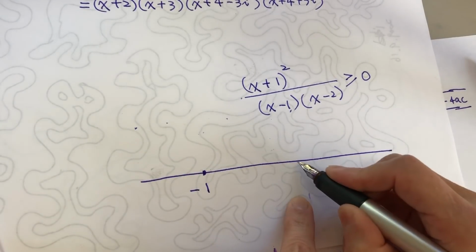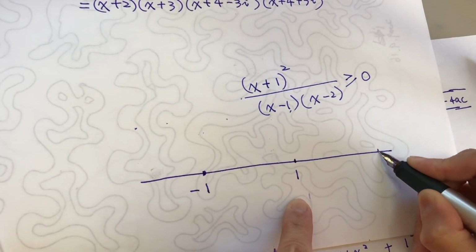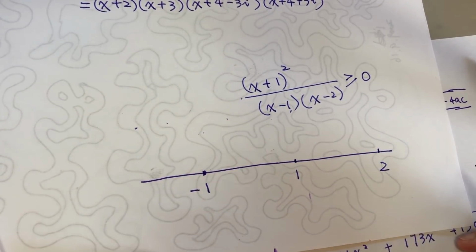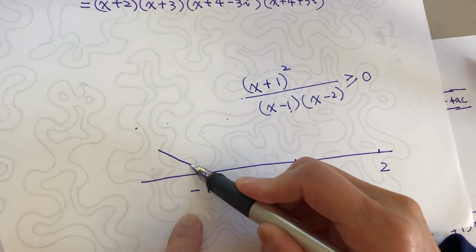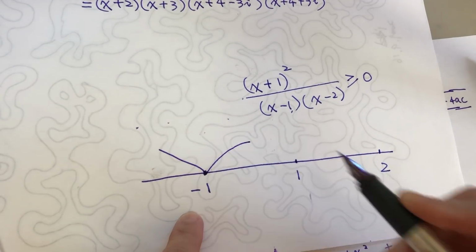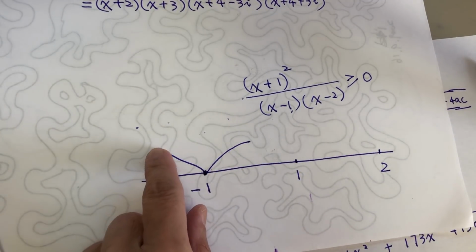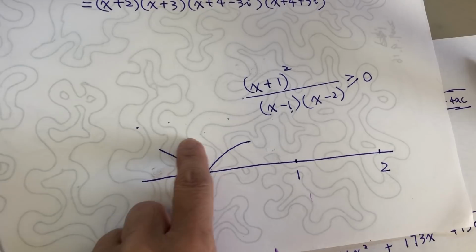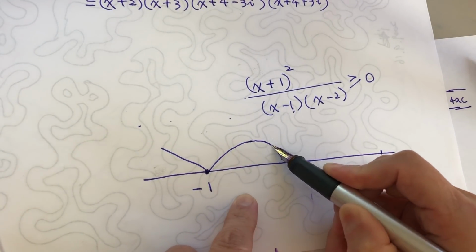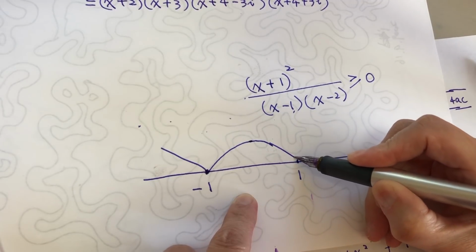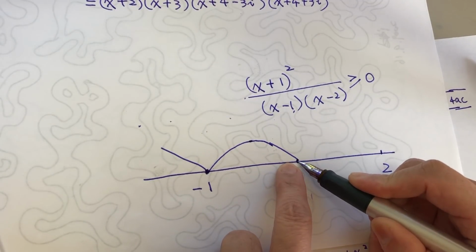Negative 1, positive 1, positive 2. And on this negative 1 part, no matter what x is, it's always positive, until it goes to negative 1.